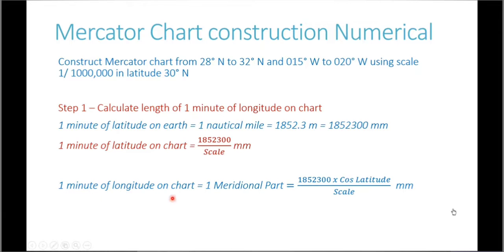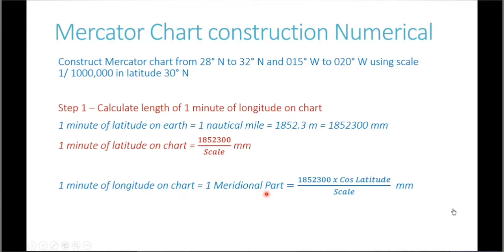Now 1 minute of longitude is also called 1 meridional part. So once we calculate this, we will have the length of 1 minute of longitude as well as the length of 1 meridional part. Meridional part is nothing but 1 minute of longitude. You can also understand it in this way. The gap or area between two meridians is divided into 60 parts.